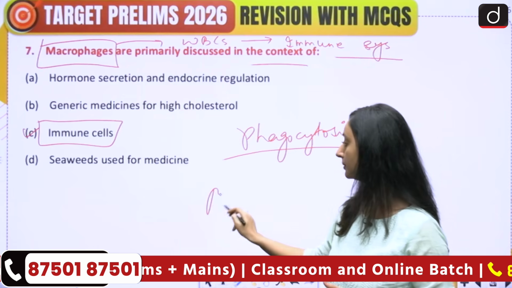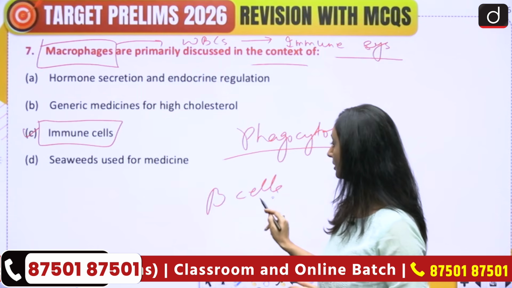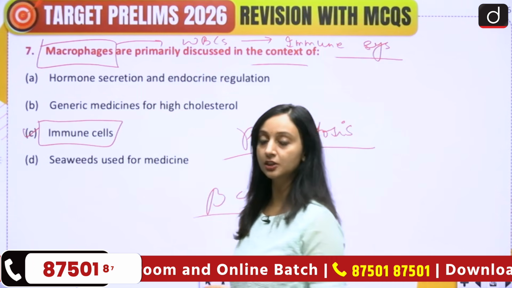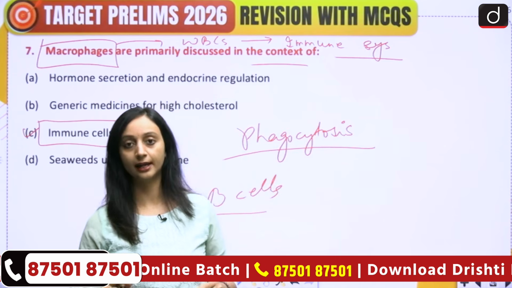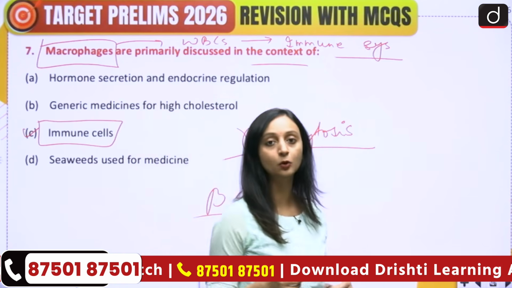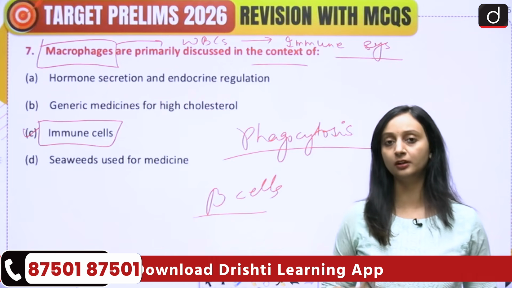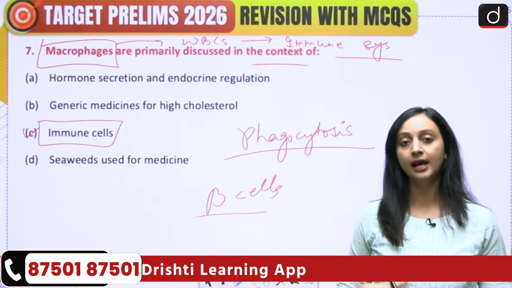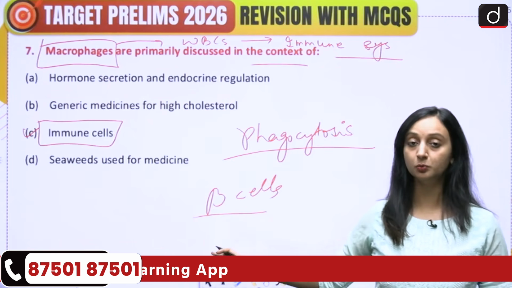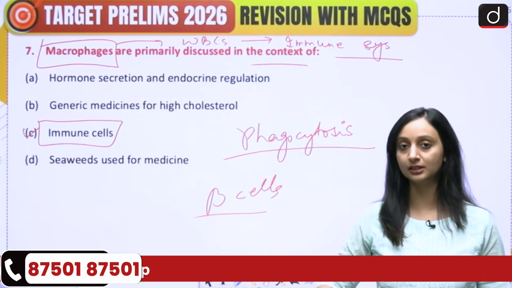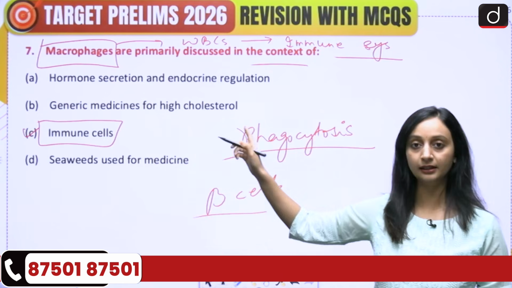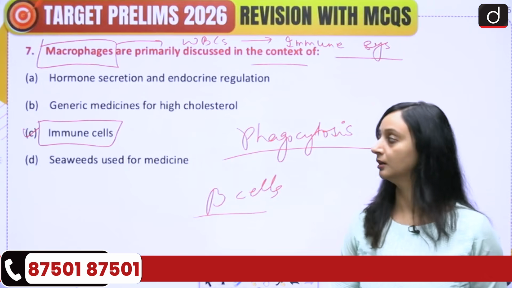That is the job of B cells, right? Macrophages act like our first line defenders, doing phagocytosis, where they engulf the foreign material, the foreign invader, the pathogen, whatever it is, and they also produce an inflammatory response. These are the first line responses that macrophages produce, and they are a part of our WBCs. Okay.